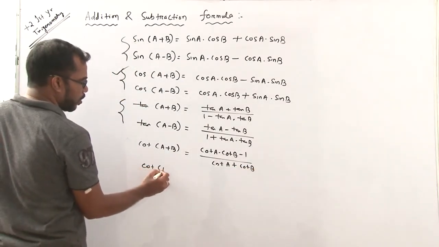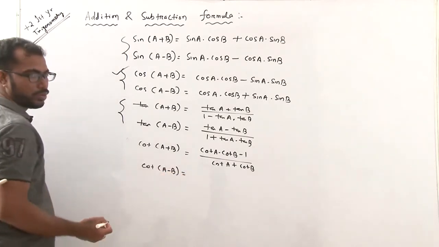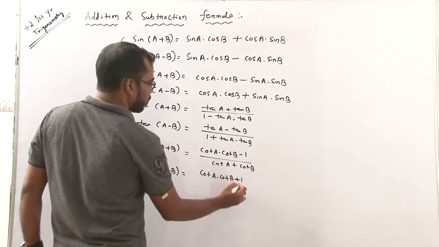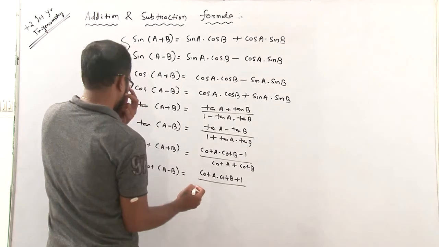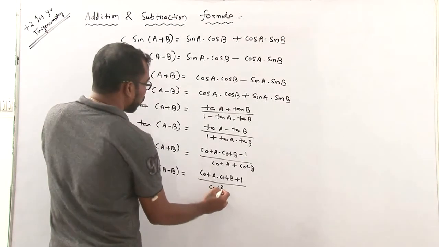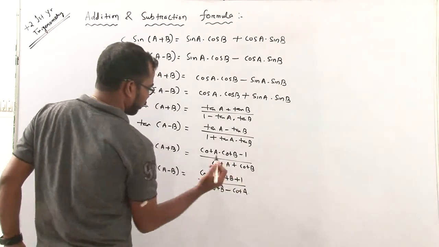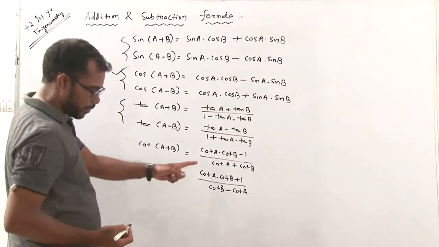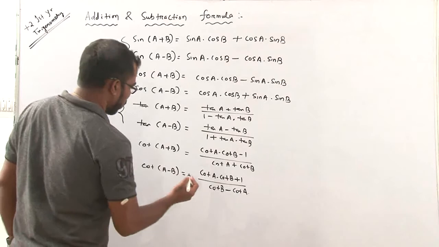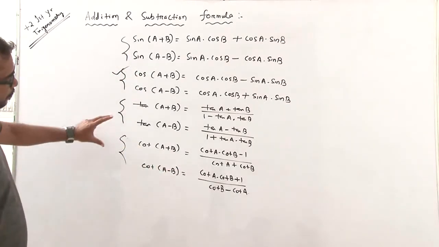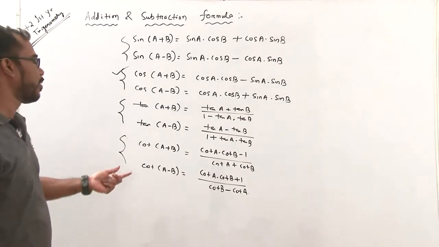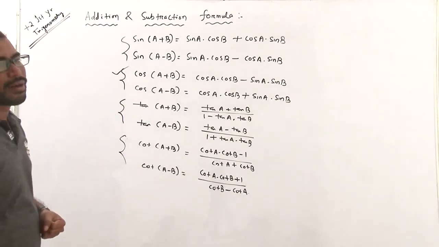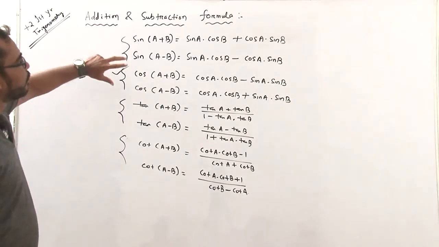Similarly, cot(a minus b) is equal to cot a into cot b plus 1 by the exceptional formula. Here we can write cot b minus cot a. So cot(a minus b) is equal to cot a into cot b plus 1 by cot b minus cot a. So these are the addition and subtraction formulas in terms of cot, the formulas of the T ratios.